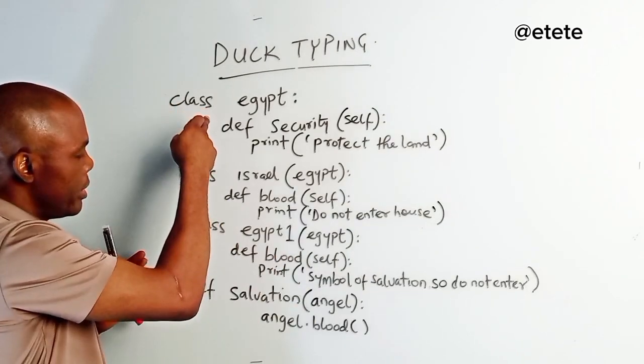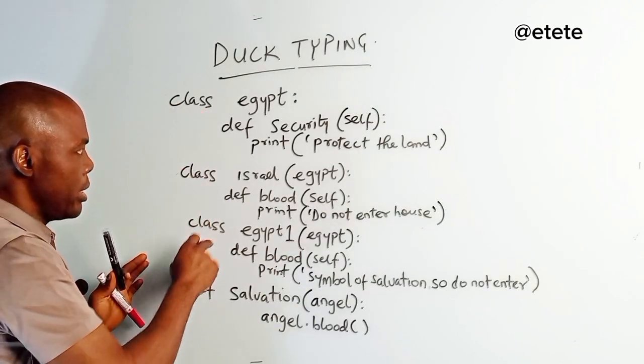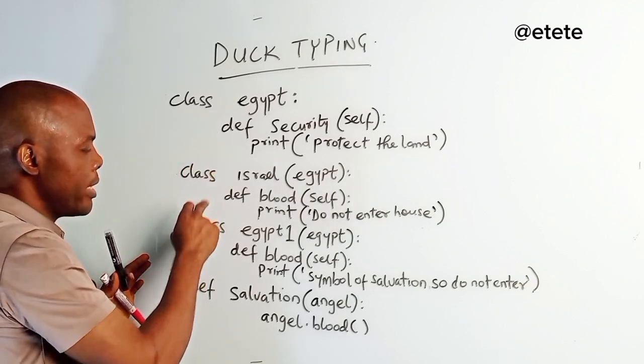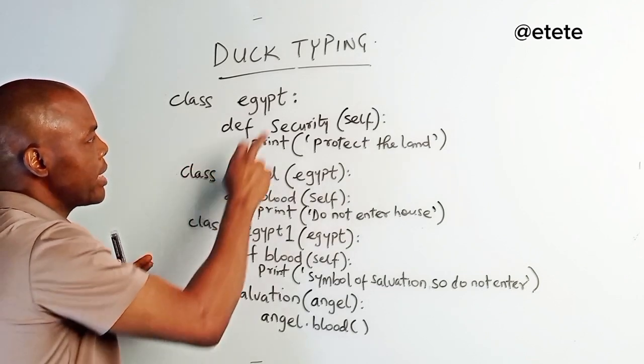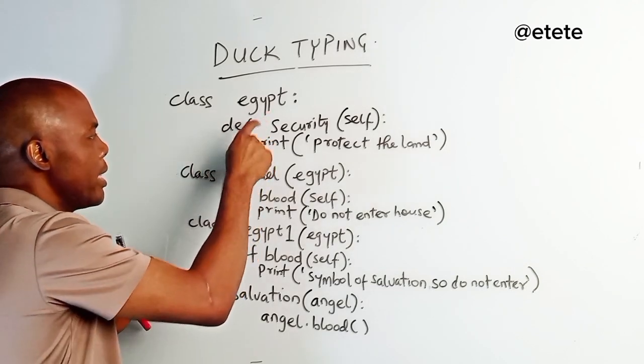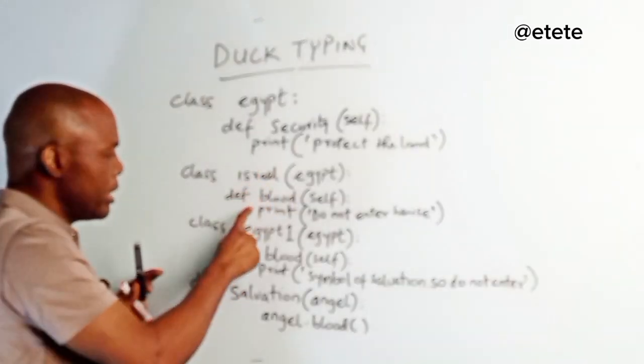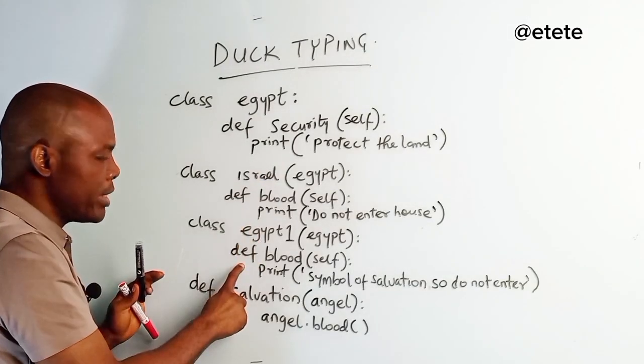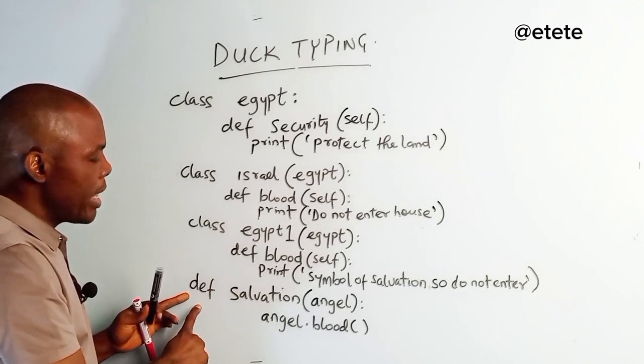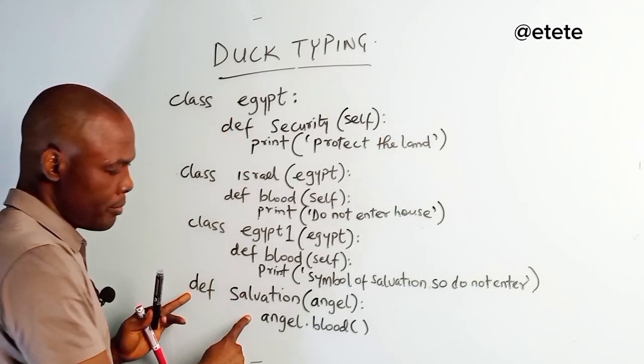Now I've created three classes, one, two, three. This is the parent class. These are the children classes. So this is a child class for this, and this is a child class for this. Now inside this class, there is no blood method. Inside this class, there is a blood method. Inside this class, there is a blood method. Now I've defined my duck type in here.